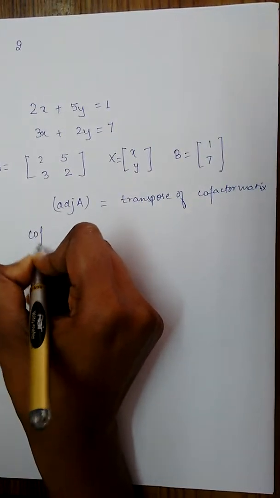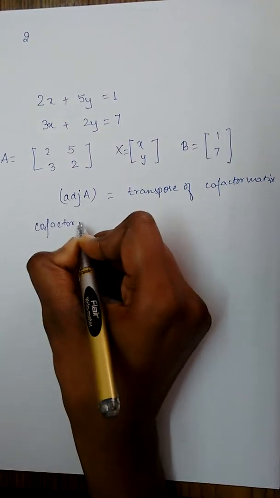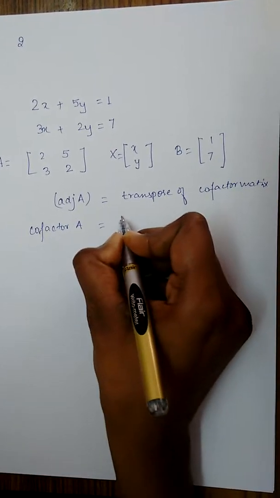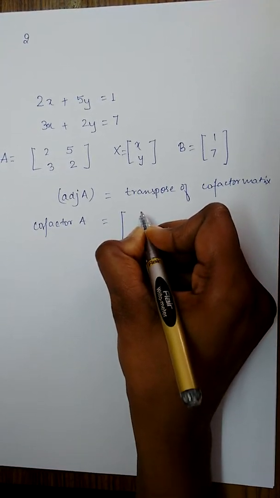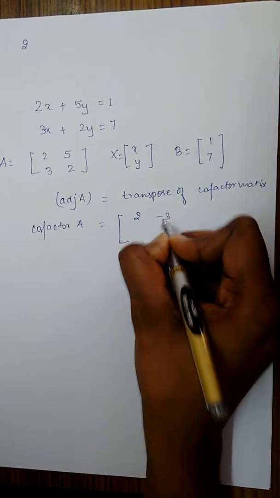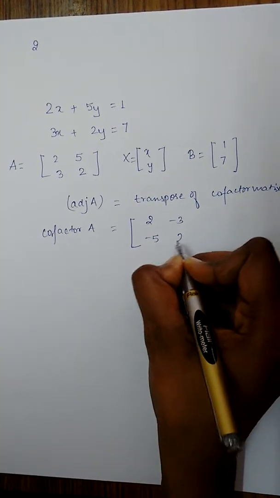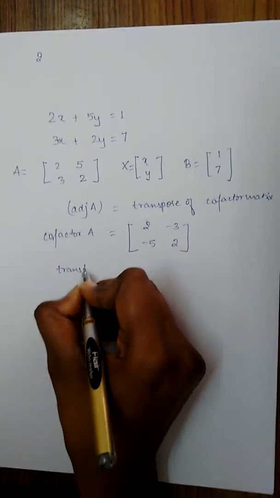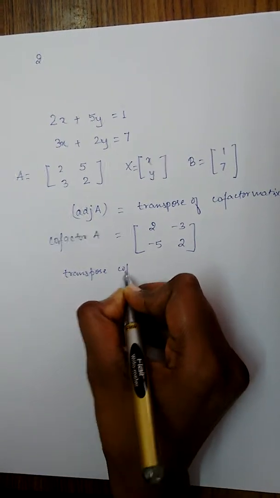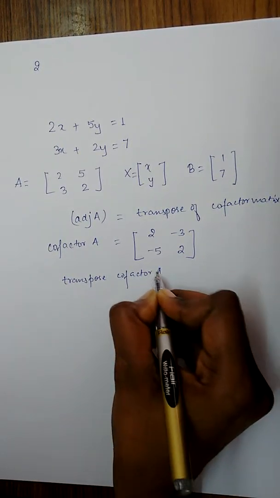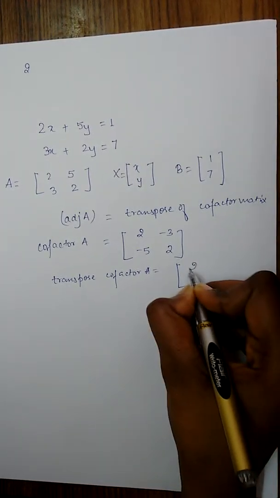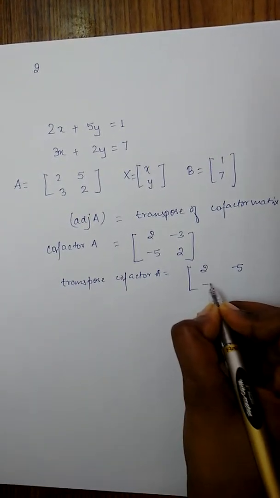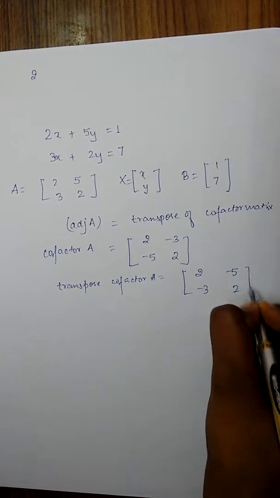The cofactor matrix of A is [2 -3; -5 2]. Now we need to find the transpose of this cofactor matrix. This will be [2 -5; -3 2].